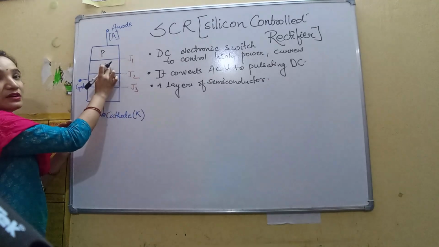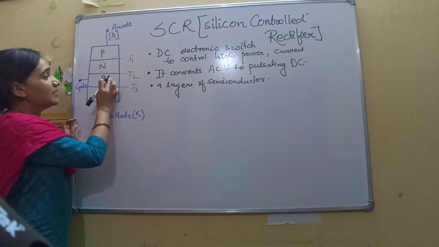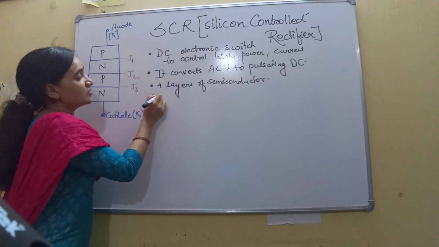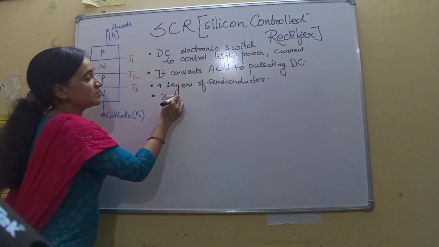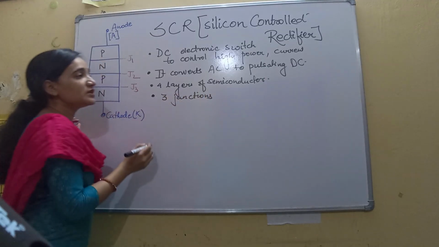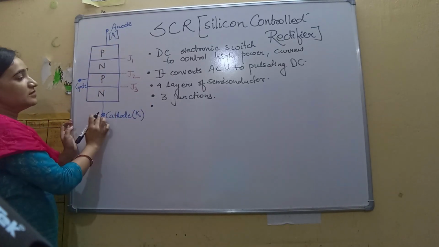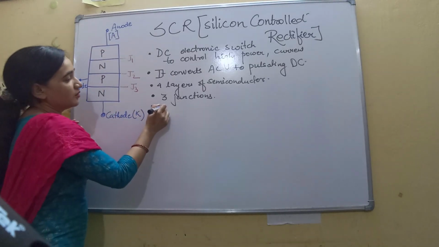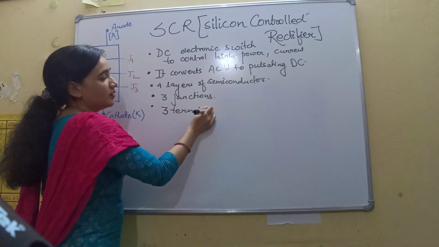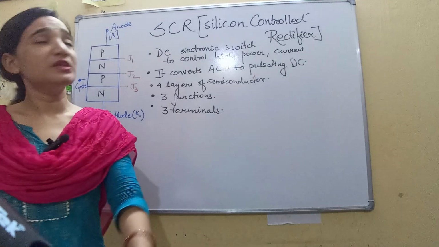Here PN is meeting, creating one junction. Here again NP is meeting, J2 junction, and PN, then three junctions, and it has three terminals.